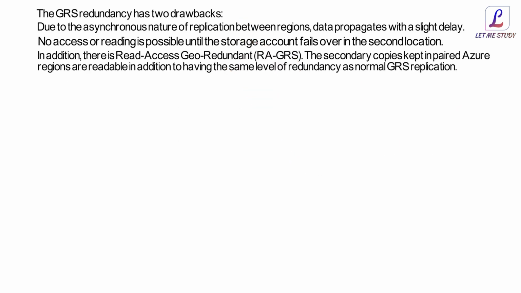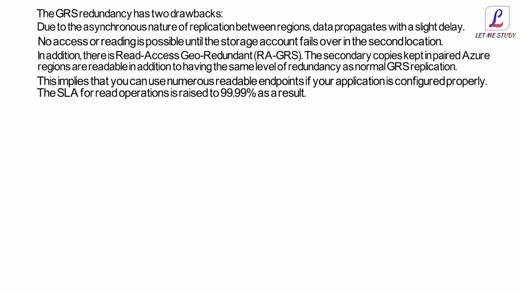In addition, there is read access geo-redundant storage, RA-GRS. The secondary copies kept in paired Azure regions are readable in addition to having the same level of redundancy as normal GRS replication. This implies that you can use numerous readable endpoints if your application is configured properly. The SLA for read operations is raised to 99.99% as a result.